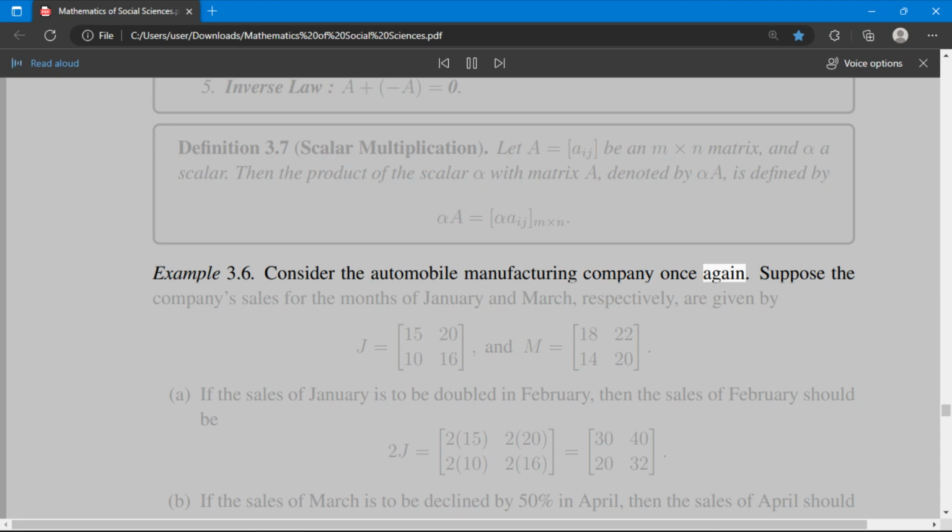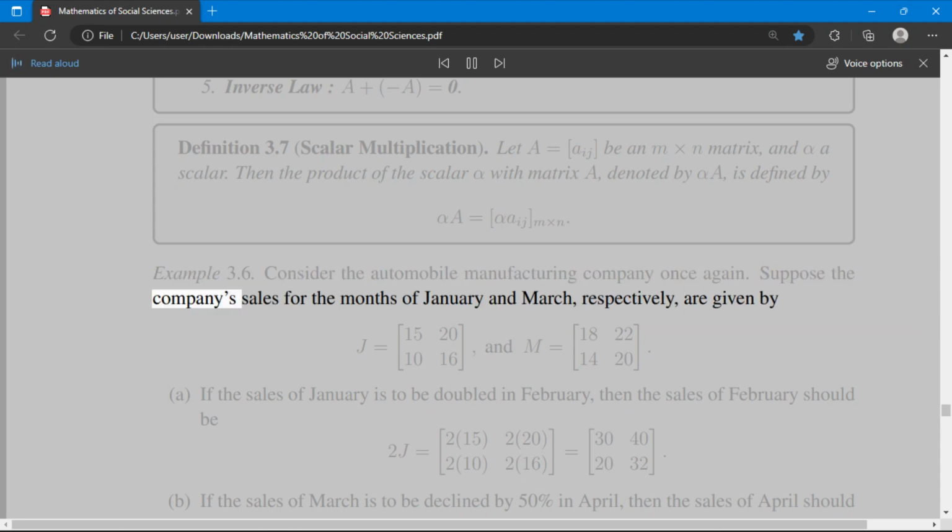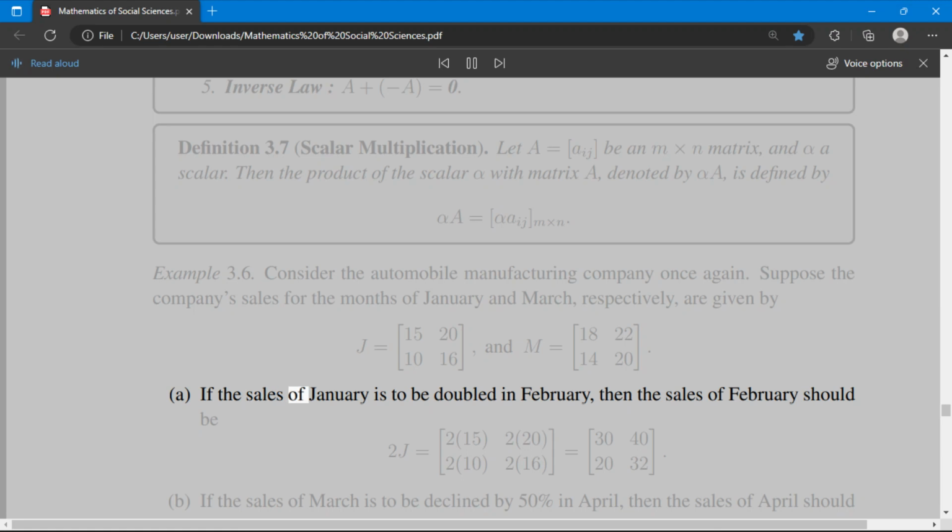Consider the automobile manufacturing company once again. Suppose the company's sales for the months of January and March, respectively, are given by J equals 15, 20, 10, 16, and M equals 18, 22, 14, 20.